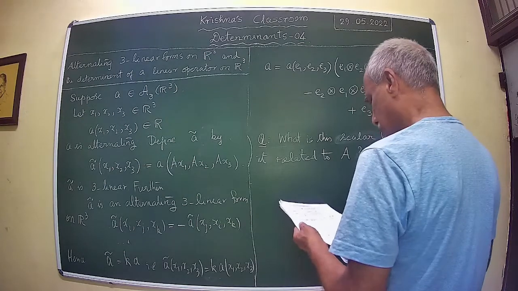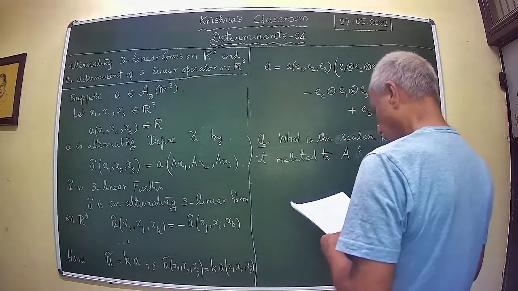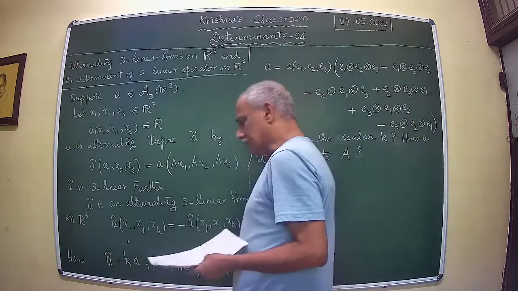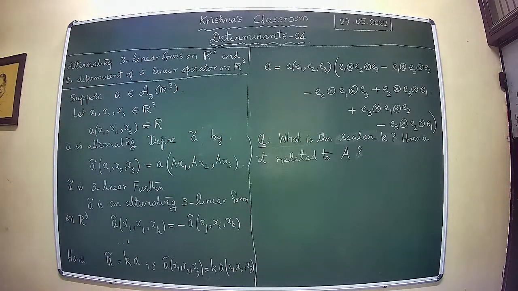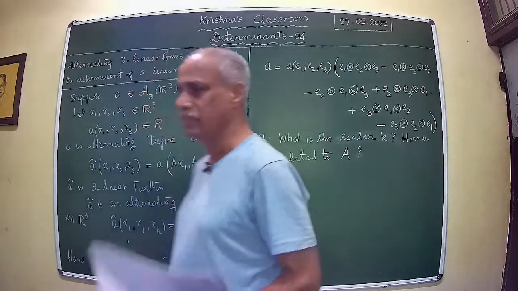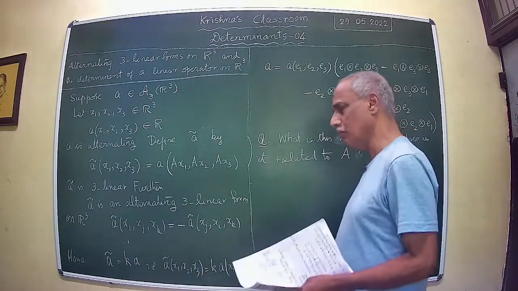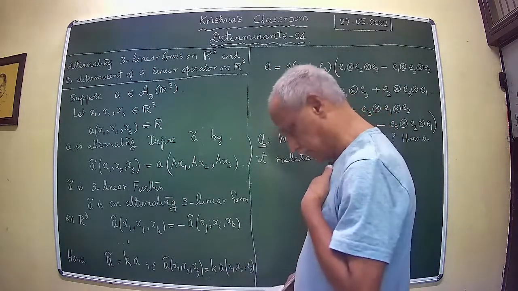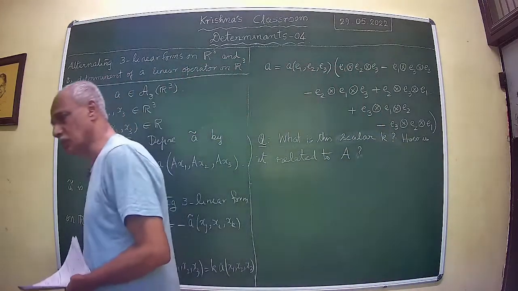Okay, so let us work it out. You know that A is completely determined if we specify A E1, A E2 and A E3, because A is linear on R3 and E1, E2, E3 forms a basis for R3. So we shall make use of that.